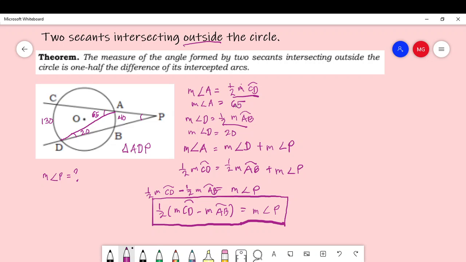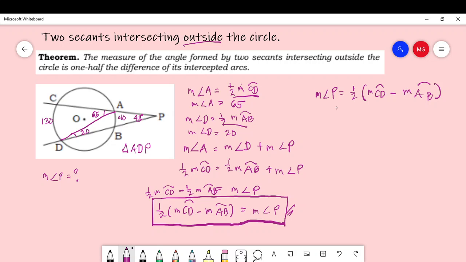So, ito kanina ay, okay, ang nakuha natin ay, wala pa pala, no? So, 65 minus 20, alam natin na ito ay magiging 45. Okay, apply natin yung solution na to, or yung formula na to. So, measure of angle P is equal to 1/2 the measure of arc CD minus the measure of arc AB.